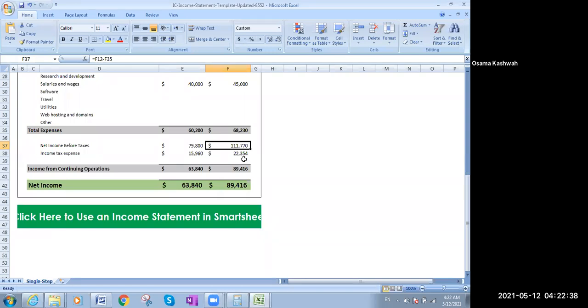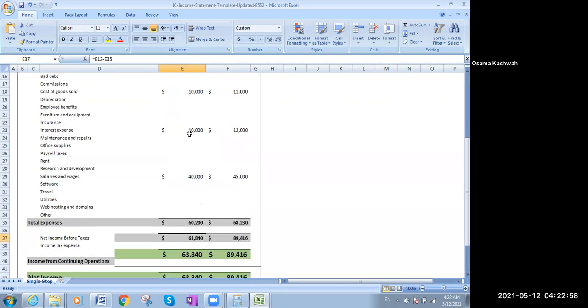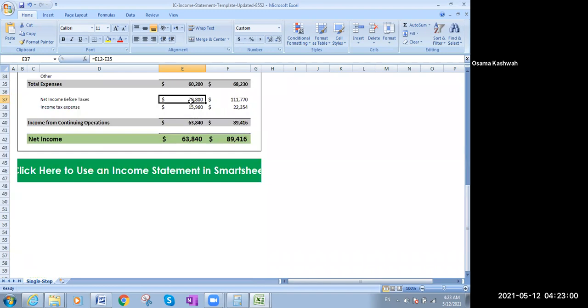Now, if I know the taxes, or I calculated the taxes and I found that the taxes were 15,960, or maybe we will say that if I give it 10% of the net income, then this cell, E37, will be the total amount of income tax expenses.